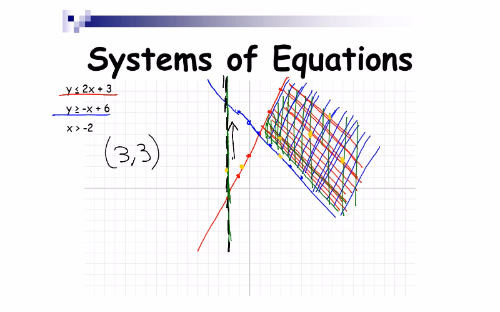Is it below the red line? Yes. Is it a solution of the blue line? Yes, it is. Is it to the right of x greater than negative 2? Yes, it is. So if I asked you if that was a solution, you would say yes.